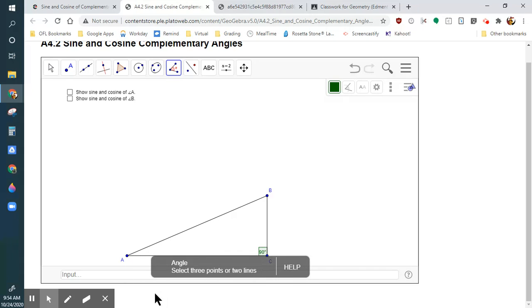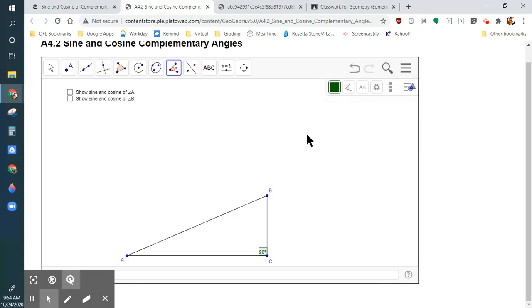Remember, we always want to go counterclockwise. So if we want the measurement of angle A, we want to go from C to B because we're going counterclockwise. So we're going to go C, A, B. Now, if we want angle B, we're going counterclockwise. That means we want to go from A to C. If we go from C to A, we're going to end up measuring this outside angle.